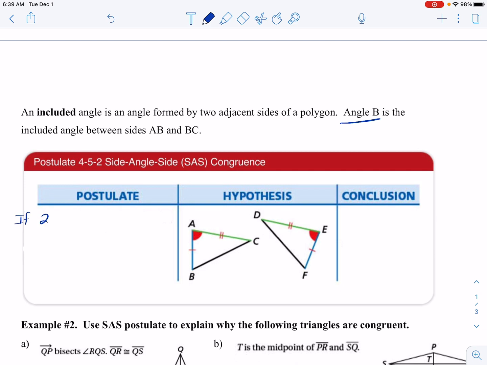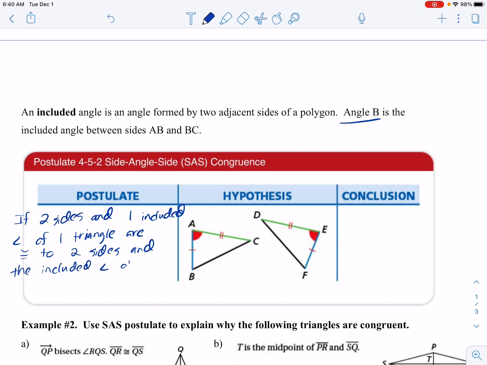But if two sides and one included angle of one triangle are congruent to two sides and the included angle of another triangle, then the two triangles are congruent.